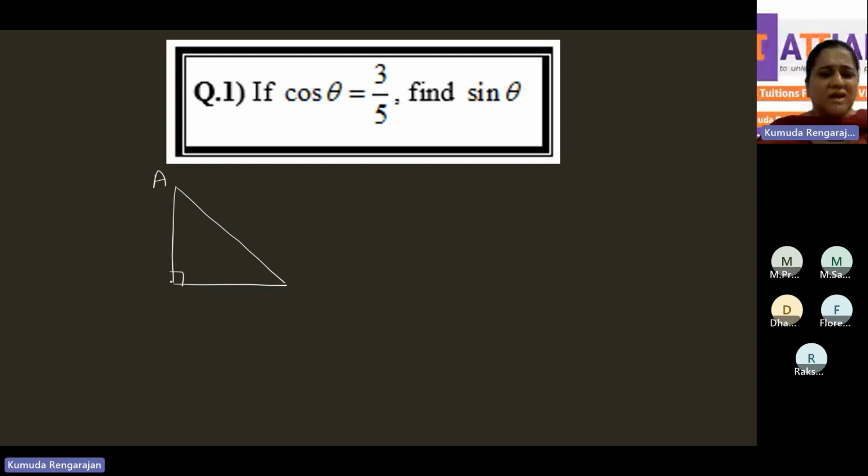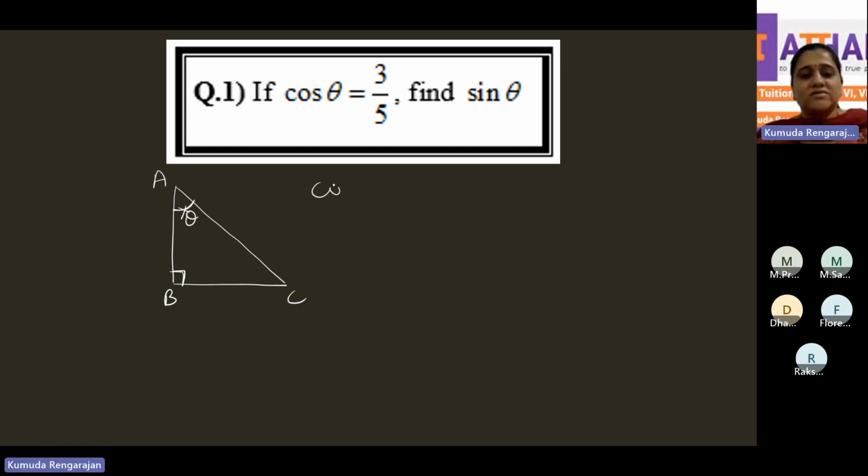You can even name the triangle ABC, PQR, whatever, that is your choice. It is a right triangle and mark off the right angle. Now you can see that these are the remaining two acute angles. Mark off any one of the two acute angles as theta, either this is theta or this is theta. So that's the first step.